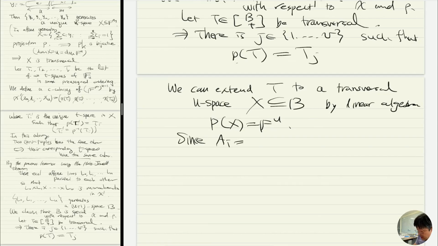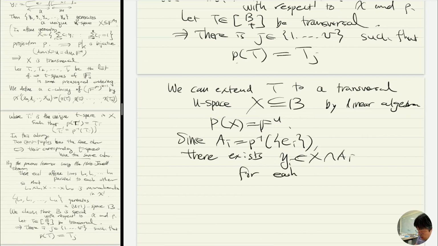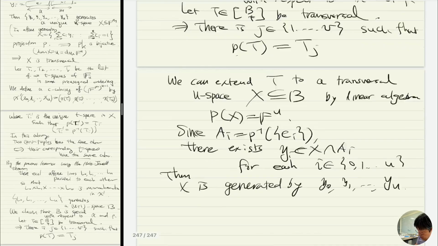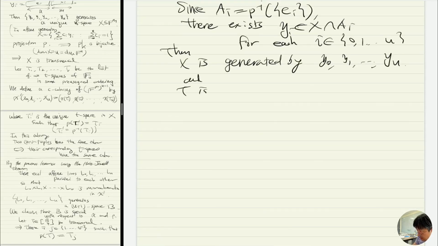Since Ai is P inverse of the Ei, there exists Yi in X intersection Ai for each i. Then X is generated by Y0, Y1, up to YU, and T is contained in X, right?